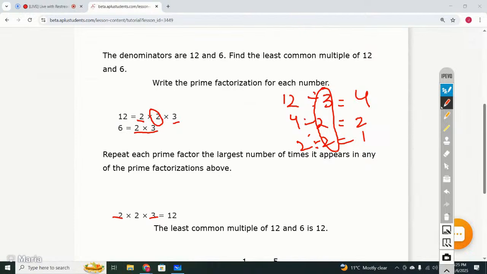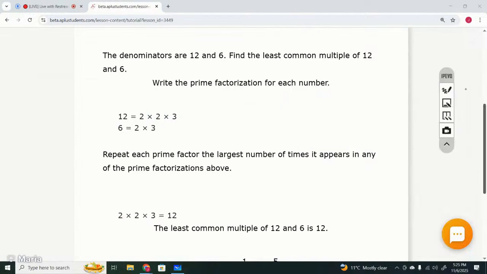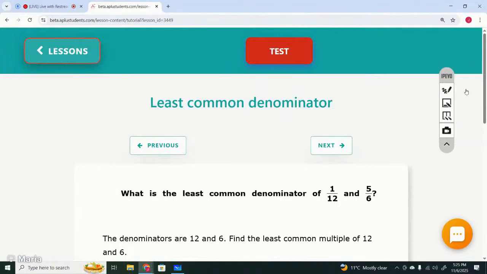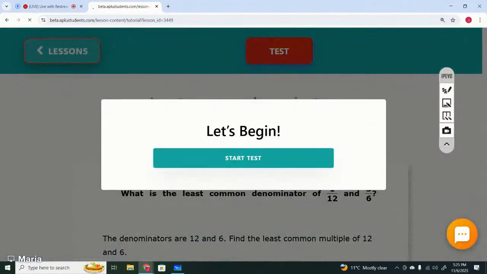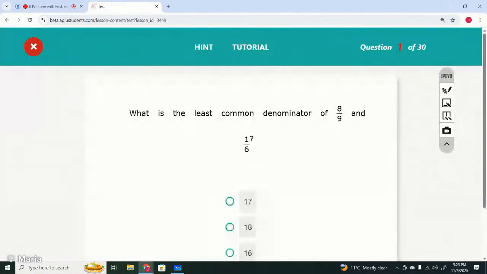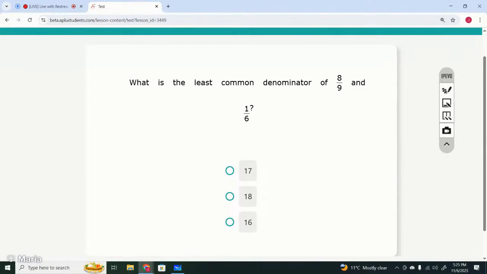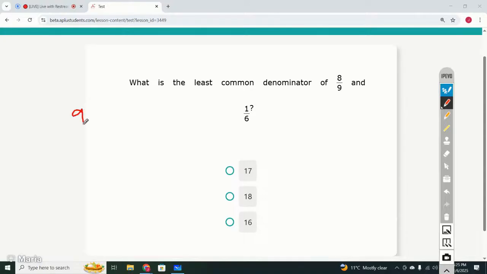Let's just start with the test questions. What is the least common denominator of 8 over 9 and 1 over 6? So the denominators are 9 and 6, right? So we need to write down the prime factors of 9 and 6.